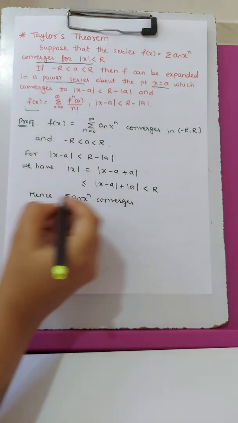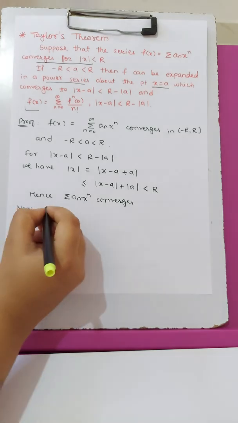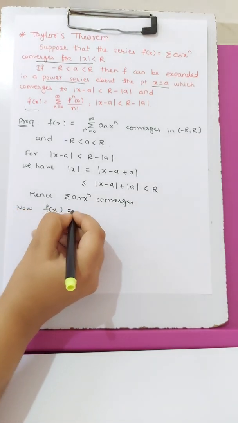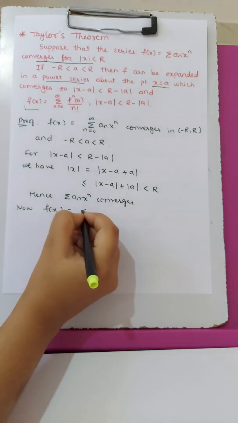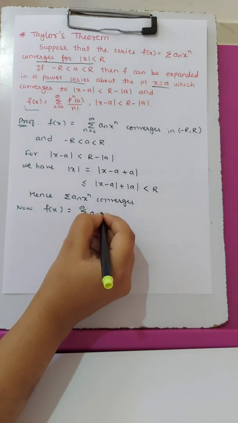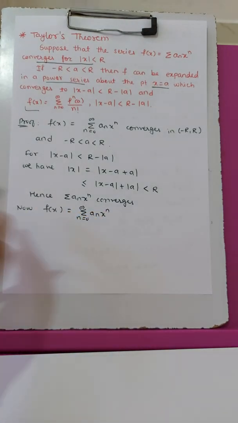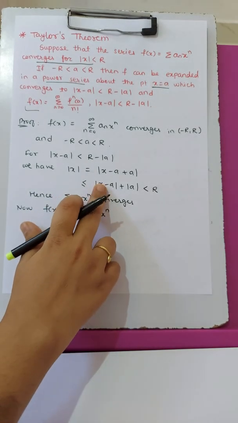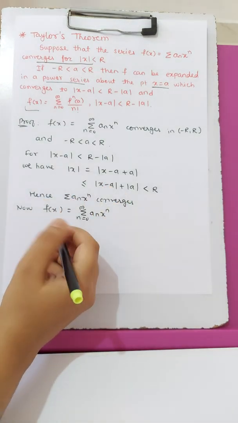converges. Now as f(x) is equal to summation n from 0 to infinity a_n x to the power n, and x is equal to (x minus a) plus a.